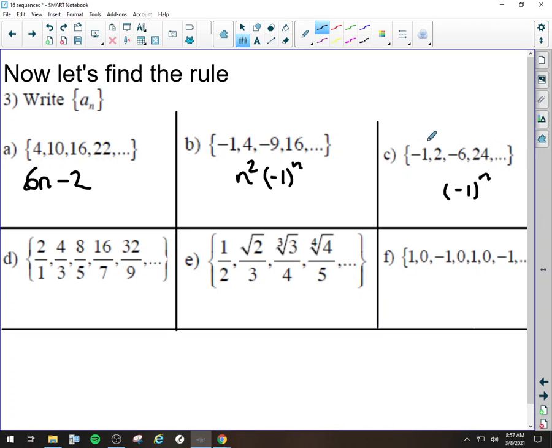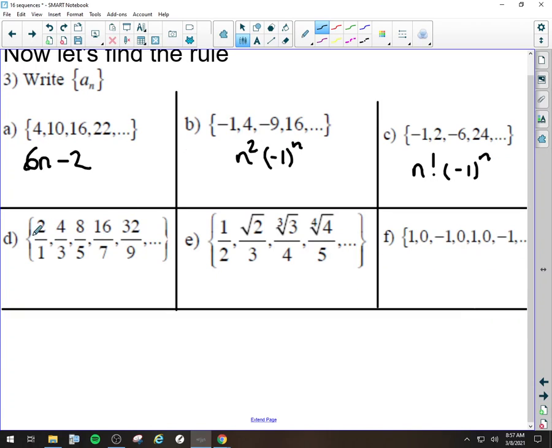I forget that it's a possibility, but if you remember where we came from, that was where we came from. It might ring a bell. I can actually write this as n factorial times -1 to the n. Right, 1 factorial, 2 factorial, 3 factorial, 4 factorial.